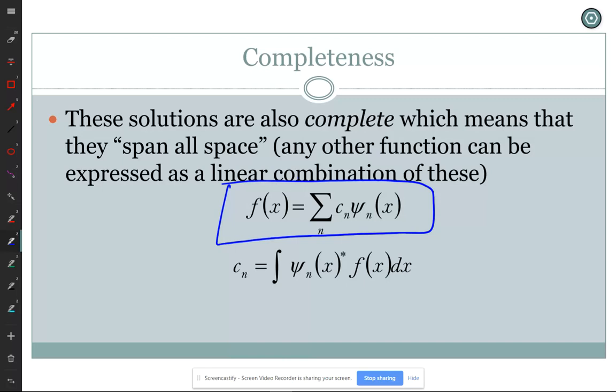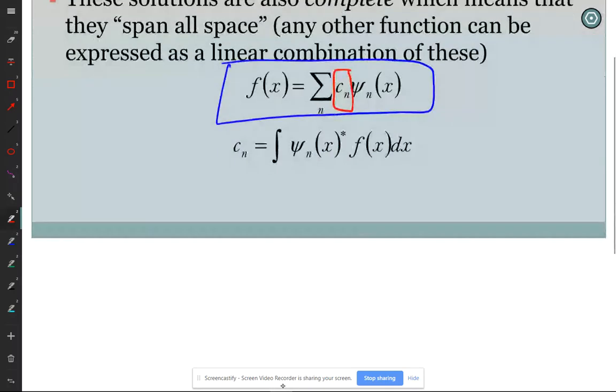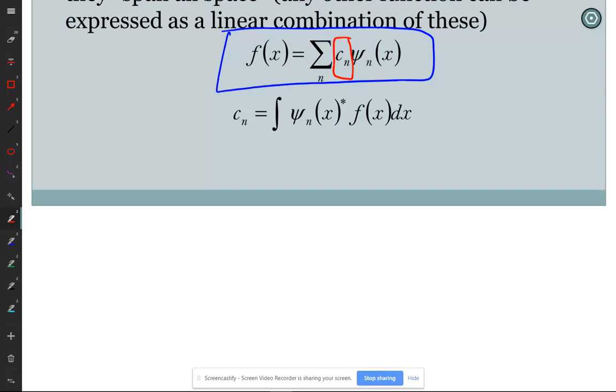And how do we find these little constants out front? Those coefficients are found by utilizing the orthonormal condition. So let me show how that works. So here we have C sub n is equal to the integral of psi n star of f of x.